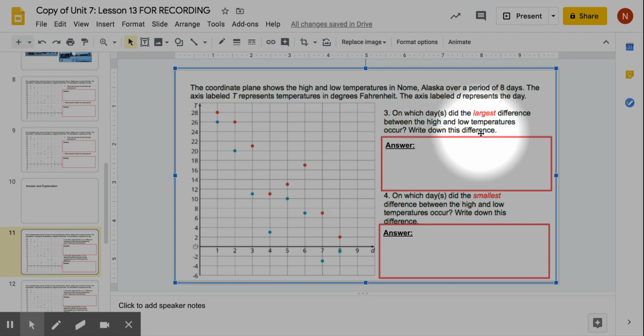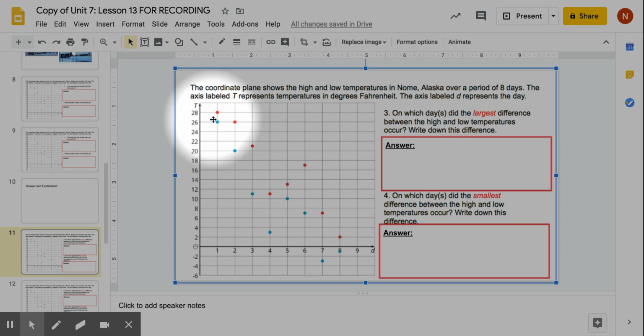So we are looking for two things, the day and the difference. And what that means is we are studying the difference, or the space, in between the low temperature and the high temperature and finding where it is the largest.